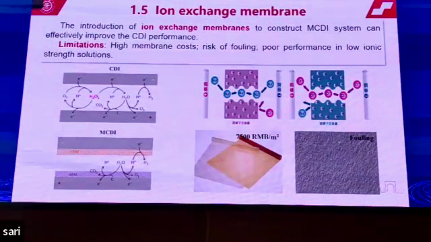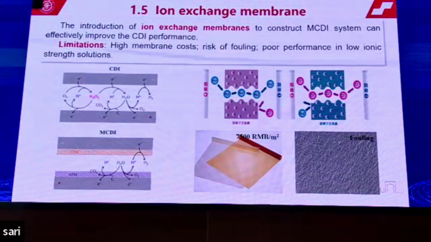To achieve this goal, the IEM has already been used in CDI to form an MCDI system. In this system, we usually add the AEM and CEM on the anode and cathode respectively.